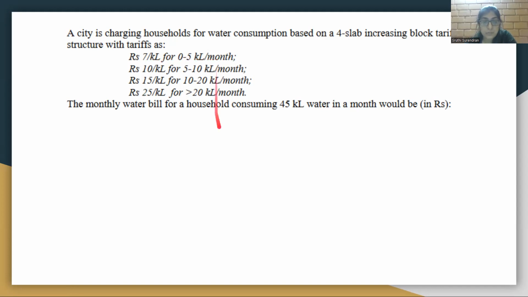I'll give you 1 to 2 minutes to do the answer. This is just another very simple numerical. If my memory is right, the answer comes to around 860 rupees or something. So you can verify your answer if that's what you're getting.